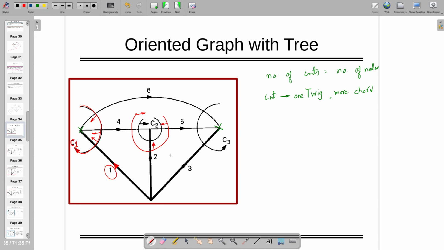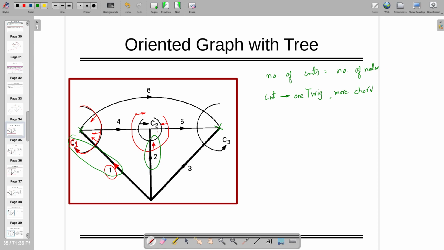Are you agree with me now? So the direction of these cuts will be going inside this circle. So that's what I did. This also like that, this also like that. And when we are giving the direction of these cuts, it will be the same as the twig.